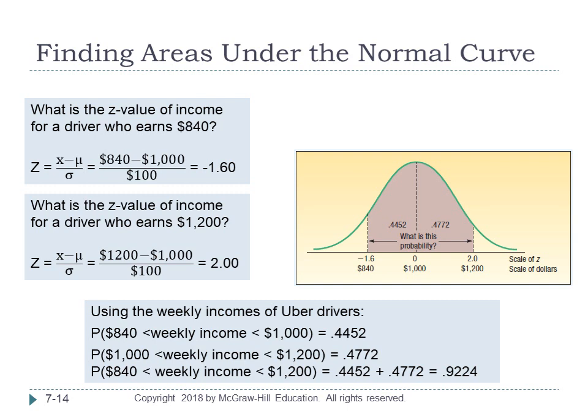This is the area between 0 and 2, which is equal to 0.4772 from the table. Now the probability that the income is between 840 and 1200, this is the sum of those two probabilities. So it's equal to 0.4452 plus 0.4772, which is equal to 0.9224.